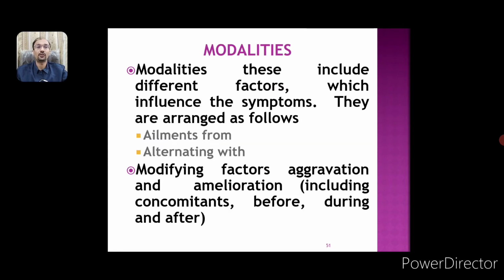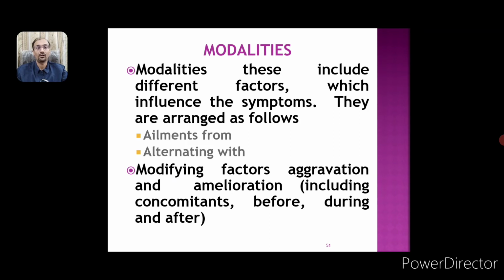Next comes the list of modalities. The modalities or modifying factors are arranged in alphabetical order, and there are a few types of modalities given in this repertory. First we are going to have aggravation and amelioration, directly written with the abbreviations AGG. and AMEL.